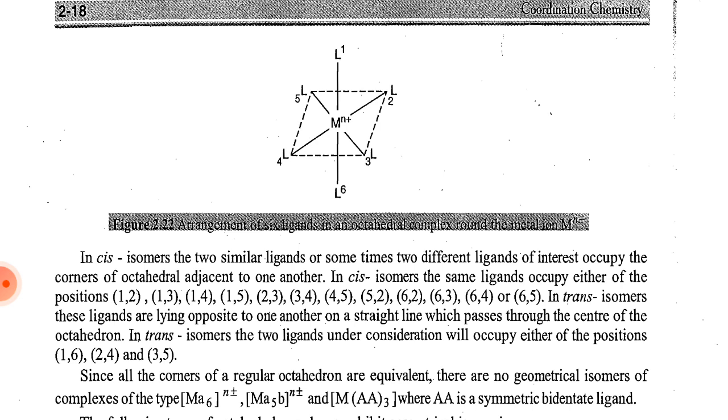Okay, the remaining will be the cis isomer, which is 1 2, 1 3, 1 4, 1 5, 2 3, 3 4, 4 5, 5 2, 6 2, 6 3, 6 4 and 6 5.